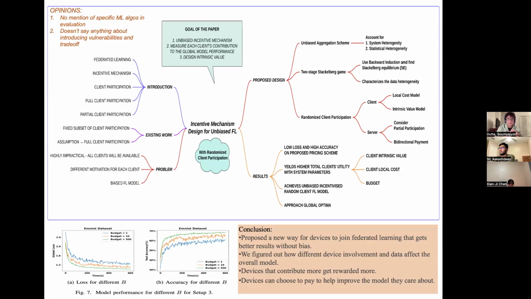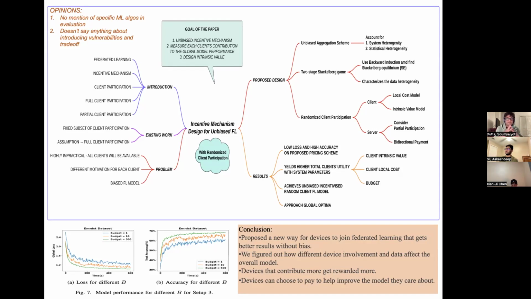And our goal is to propose an unbiased federated learning model checkpoint somehow in this distributed mechanism. So in a nutshell, the goal of this paper is unbiased incentive mechanism, measure each client's contribution to global model performance, and design intrinsic value.